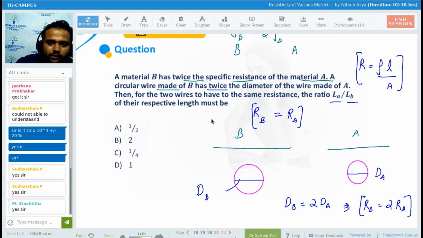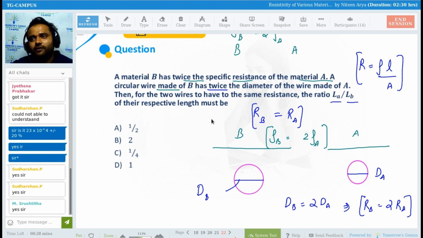Okay, I'll write it down here as well. Resistivity of B equals twice the resistivity of A. Better not to guess it out. If you calculate it, just be confident. Sudarshan, I suggest one thing: solve it out and look at it once.